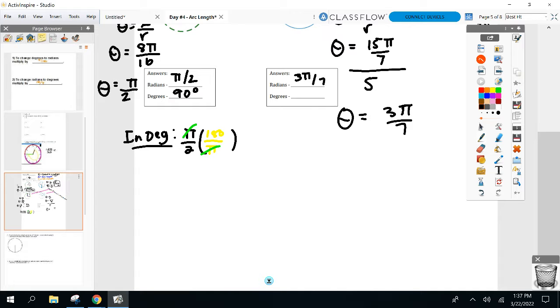All right, go ahead, everyone. Put it in degrees now. Go nearest tenth for me here, because I know you're going to get a decimal. Go nearest tenth for the degree measure.